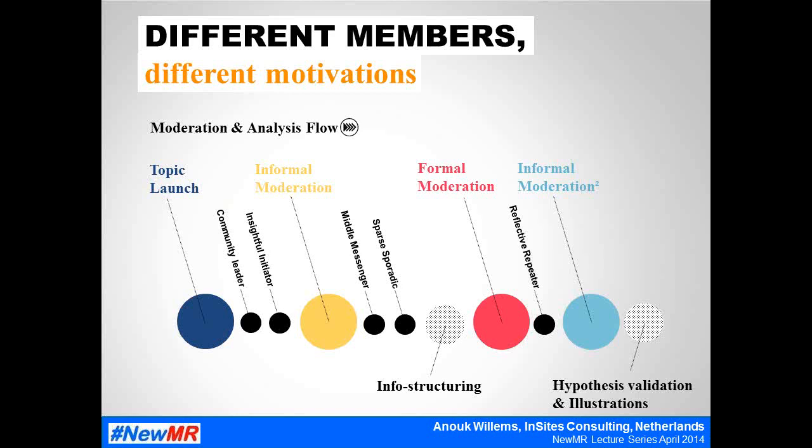Secondly, make the middle messenger feel comfortable to share their point of view and not only adapt to the insightful initiators, but also share their own perspective, and also do this already in the informal moderation intervention. The next tip I would like to give is about the sparse sporadic. We really need to give them some personal attention, show them what type of contributions are desired, and my recommendation is to do that in a private message.